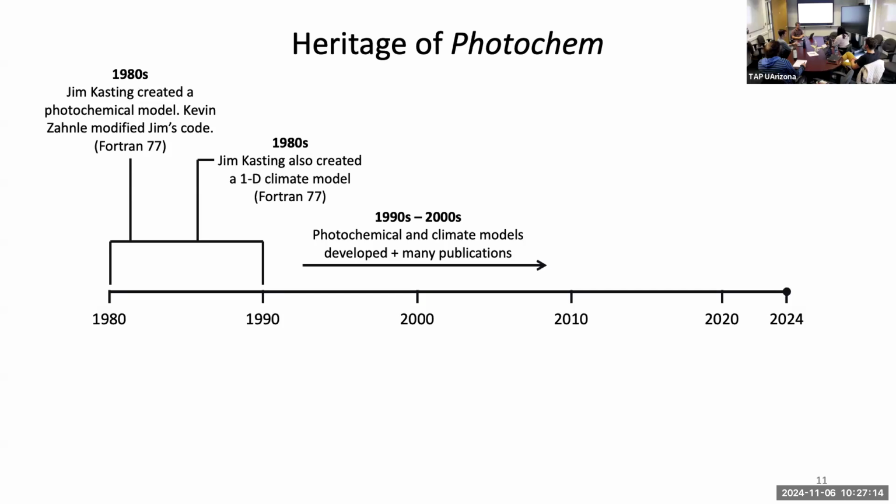There were some of the first habitable zone calculations that the climate model was used for, and also calculations of the early Earth and the likely oxygen and ozone on the early Earth were from Jim Kasting.